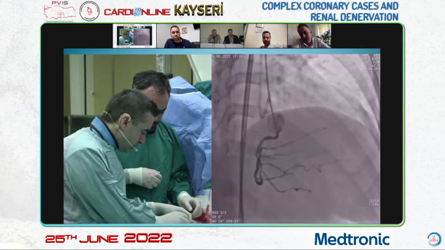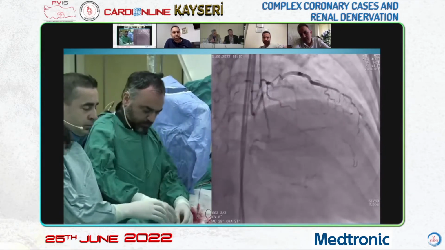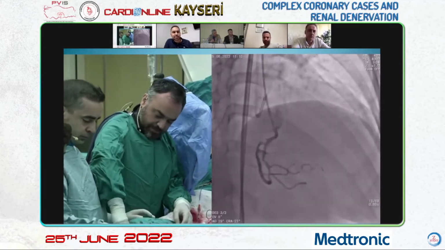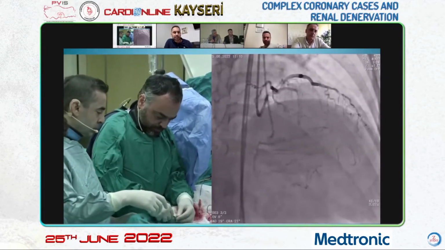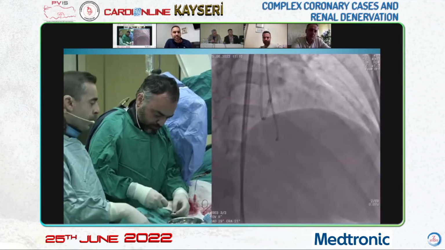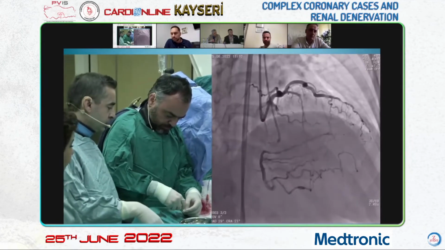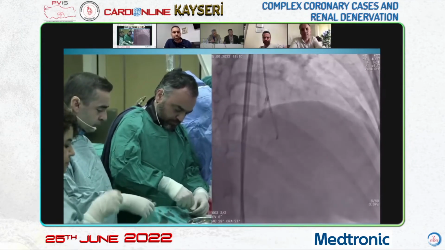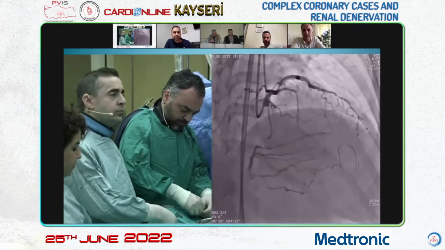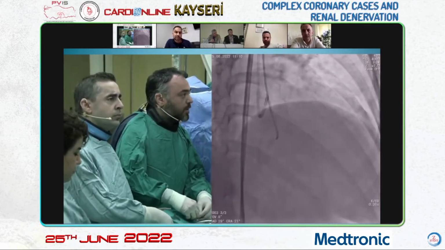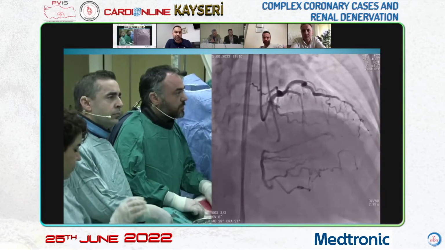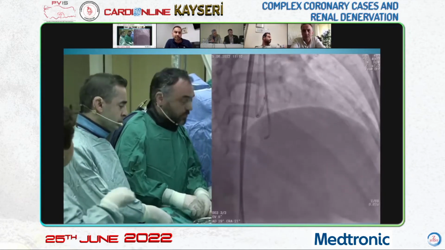We use the J-CTO score, but it is not a good determinant of the success of the operation. When we look at the progress scoring, the case is not in the difficult case class.